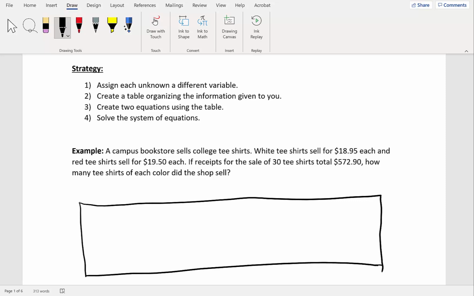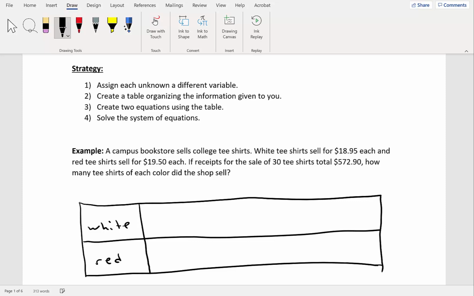Okay, now over here we have two categories. We have white t-shirts, we have red t-shirts. Now let's create a column for the number of t-shirts. Then our next column will be the price for each color.